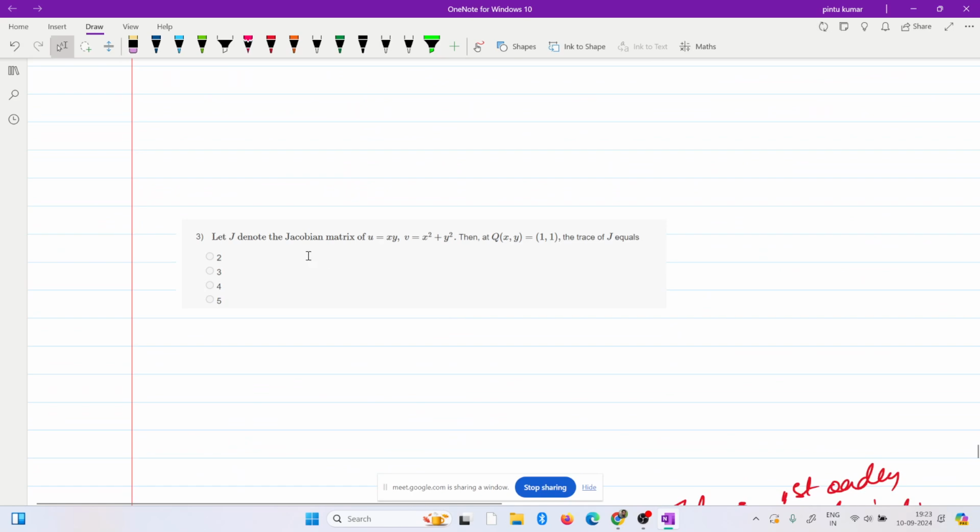Let J be the Jacobian of this particular function. This is a function from R2 to R2, so you are getting two outputs, U and V, and you had two inputs, X and Y. At point 1, 1, what is the trace of the Jacobian?